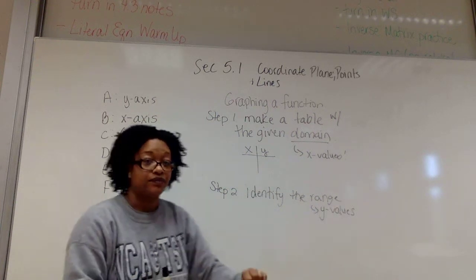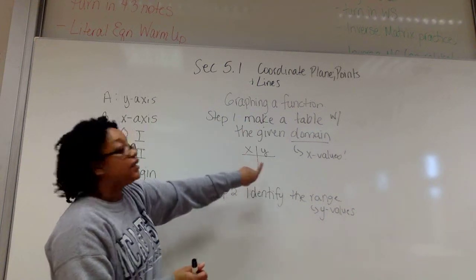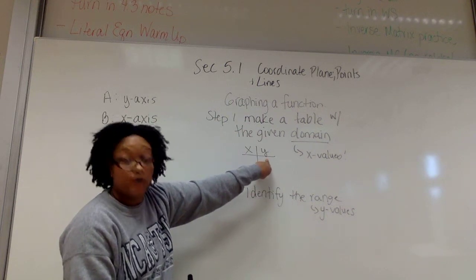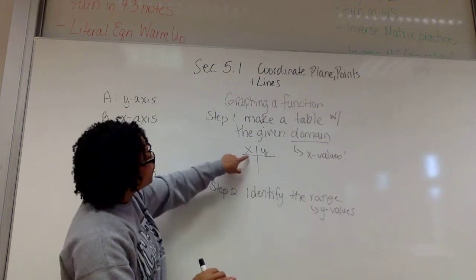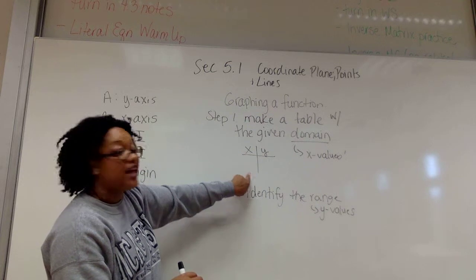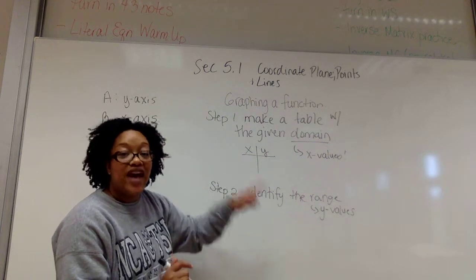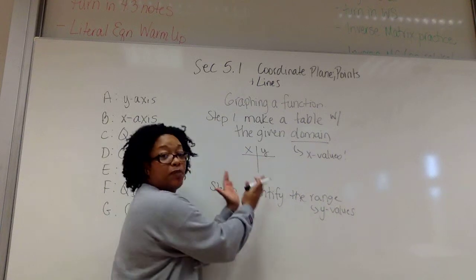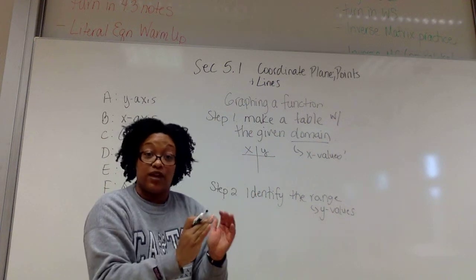You're going to plug in your value for x to give you that particular y for the function. That's how you get your range. So for every x value that you have on your table, you're going to have a y value to go with it. And that, ladies and gentlemen, produces your points. That's your x, that's your y, that's the coordinates of a point.